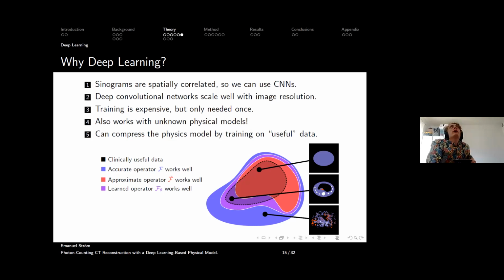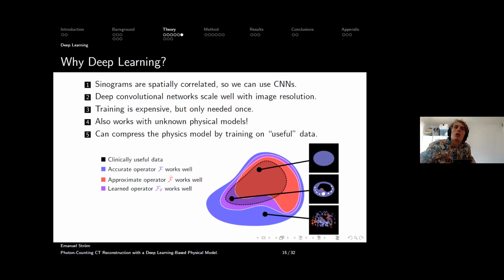Actually, the loss function is in the sinogram space, but maybe I didn't go into too much detail on the training. We are comparing the sinogram space loss functions. We are training on the mean square error of the sinograms.